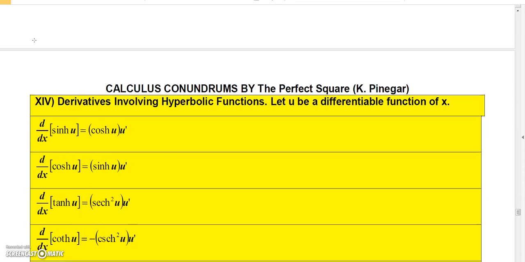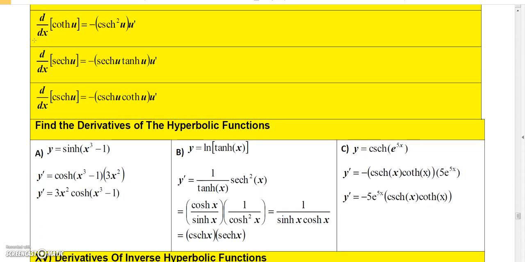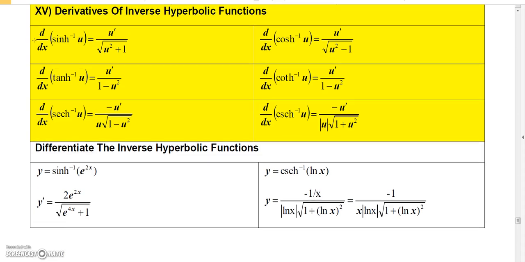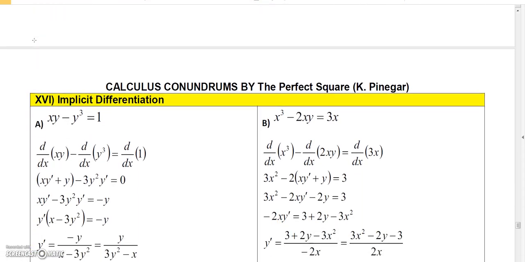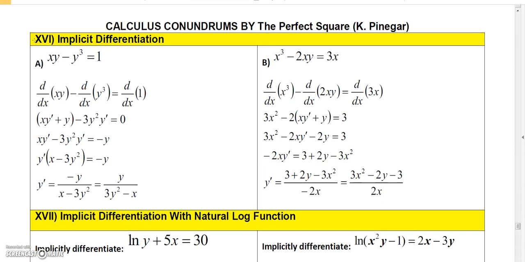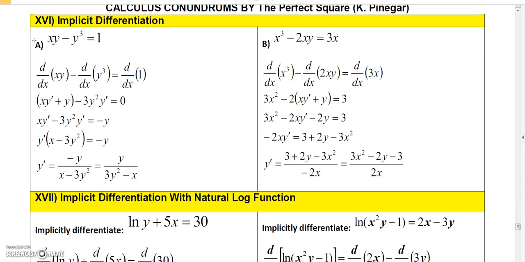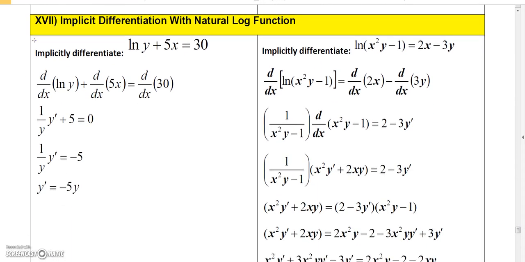And you can skip the video on inverse hyperbolic functions, and then you can skip all the way until you get to implicit differentiation. I have some examples of implicit differentiations that come up about 2 or 3 videos ahead.